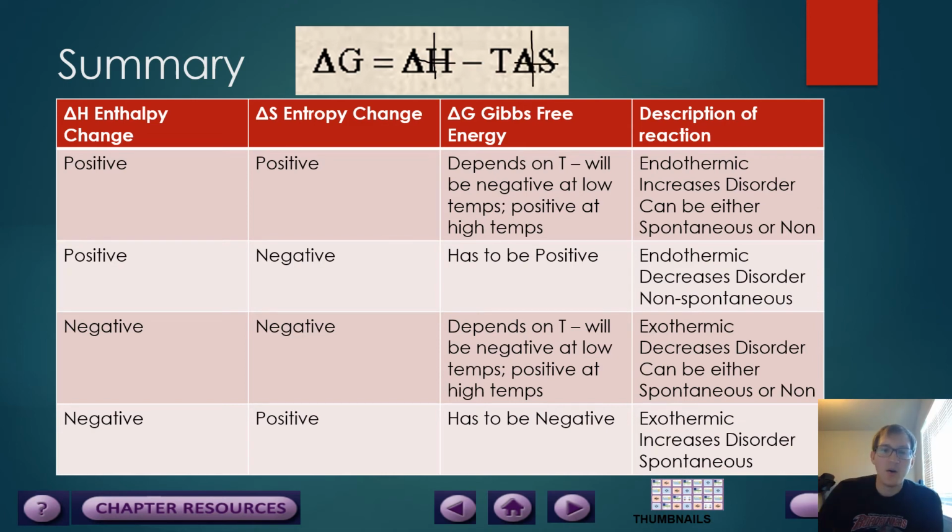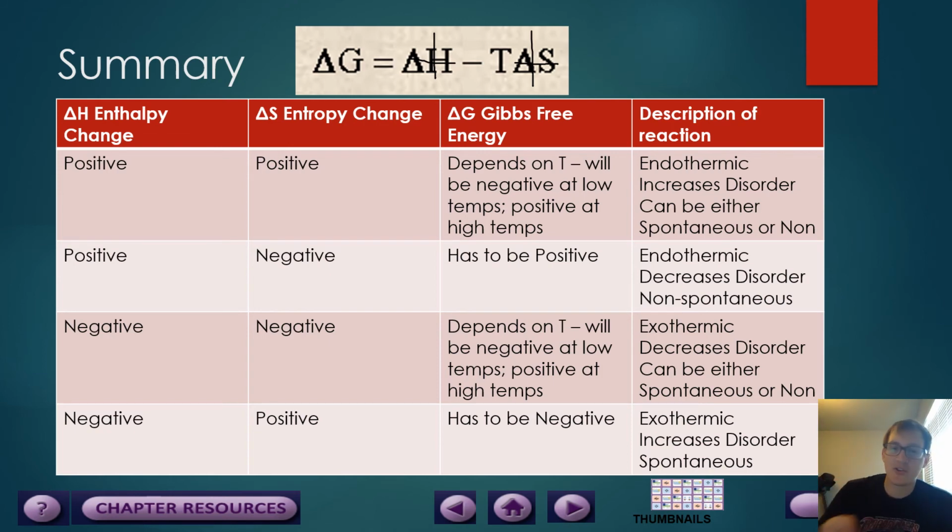Notice that if I have a positive minus another positive, whether the result is positive or negative depends. I could have 100 minus 50, and that would be a positive number. But I could have 50 minus 100, and that would be a negative number. So for delta G, I say it depends on what the temperature is.